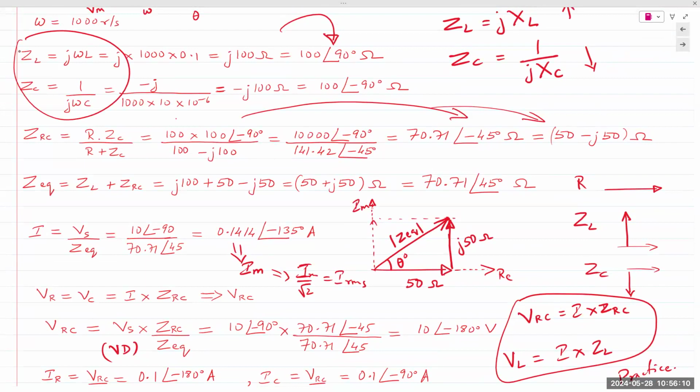So it makes things easier to have everything before we begin. So ZL, of course, in rectangular coordinates is j omega L. In polar coordinates, it's omega L with the angle of plus 90.